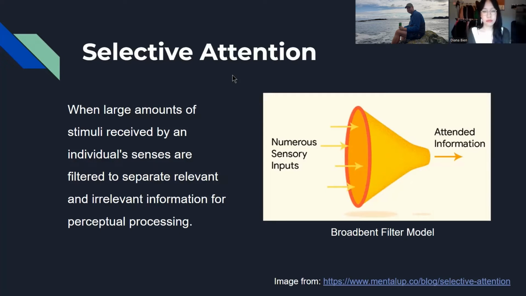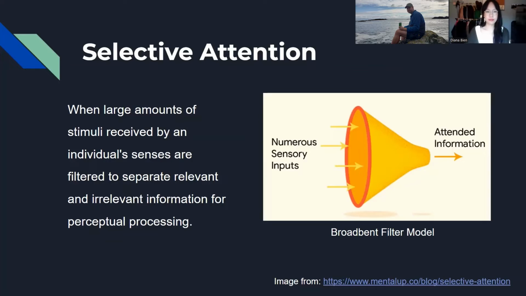The way that this information is filtered can be influenced by the characteristics of the person or object being perceived and the context that it is set in, as well as the characteristics of the person doing the perceiving, although the person is not aware that they're being influenced by their own characteristics at the time.